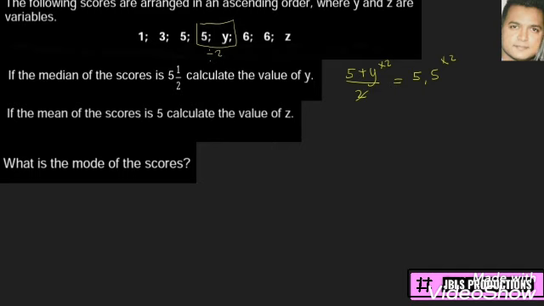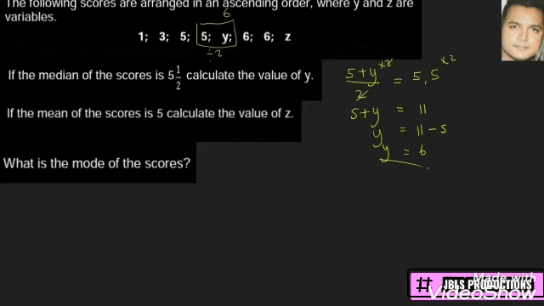These two cancel off, so I'll be left with 5 plus y is equal to 11. Thereafter the 5 goes on the other side, 11 minus 5, and my answer will be 6. So the value for y will be 6.